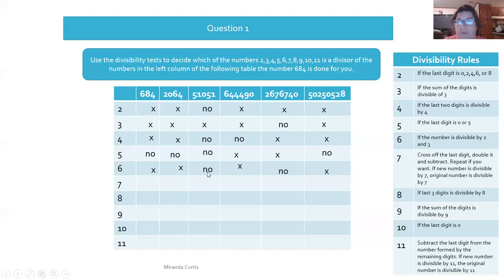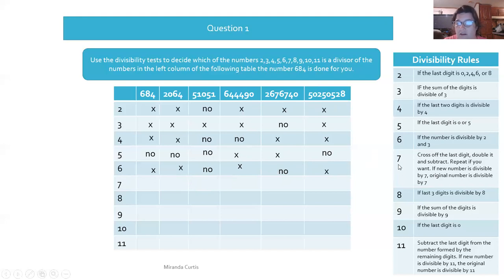It's not divisible by 6. Then our next one right here, it is. It's divisible by 6. We're getting lucky. So far, it's been pretty divisible except for 4. Oh, look, our friend right here, he's not divisible by 6. Not by our rule, what we go by. Then we come down here to our friend right here, and he's divisible by 6.